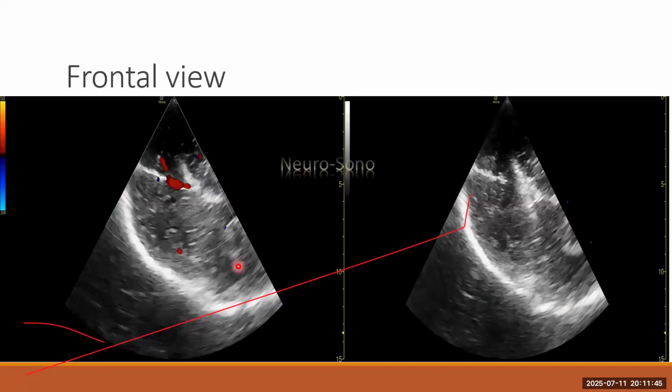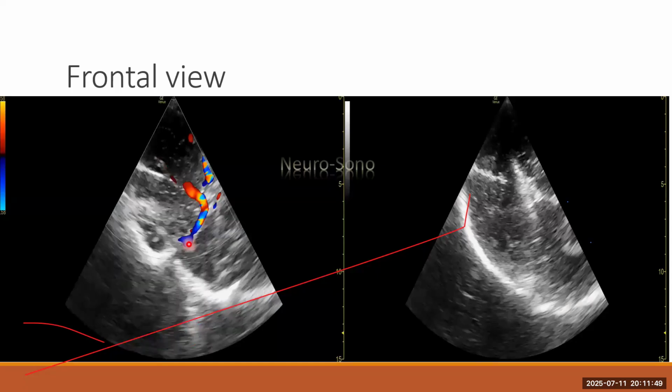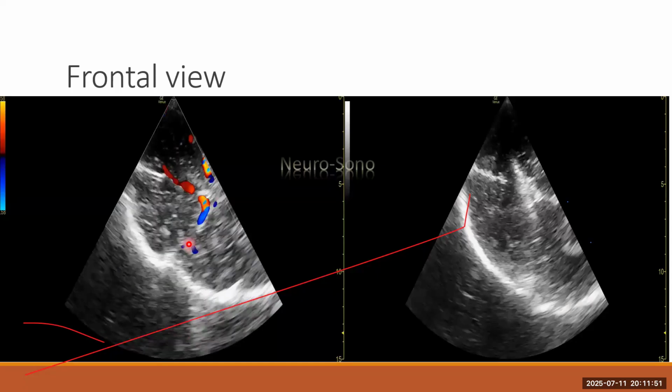So this is again one of the rarer views which are utilized, the frontal view, where we insonate across the supraorbital area. The main aim of this is to insonate the ACA and the other structures. So here we can see the difference between the transtemporal A2 and the frontal A2: the transtemporal A2 is blue, that is moving away from the probe, that is the ipsilateral one, whereas on the frontal view, the A2 is coming towards the probe.